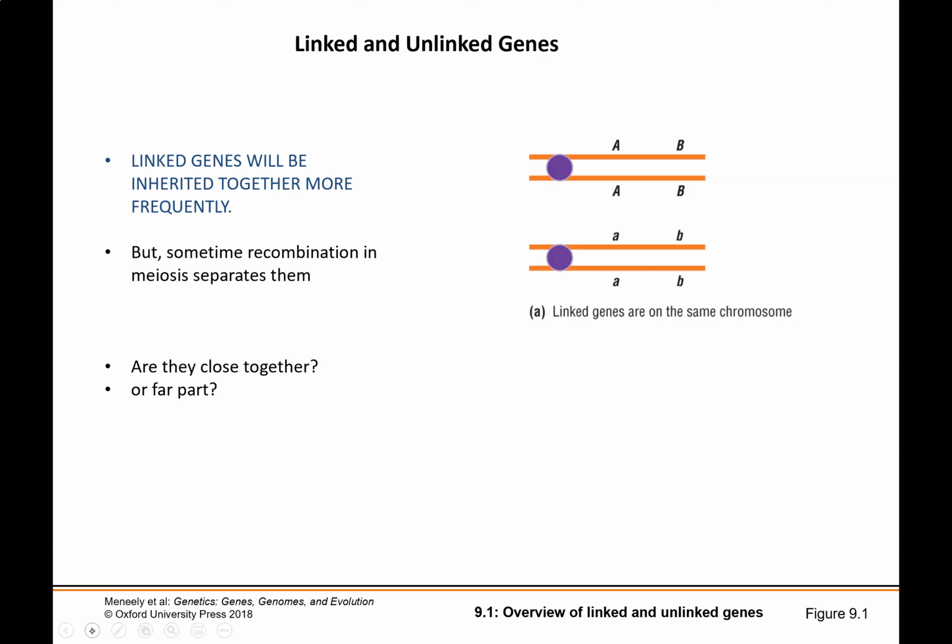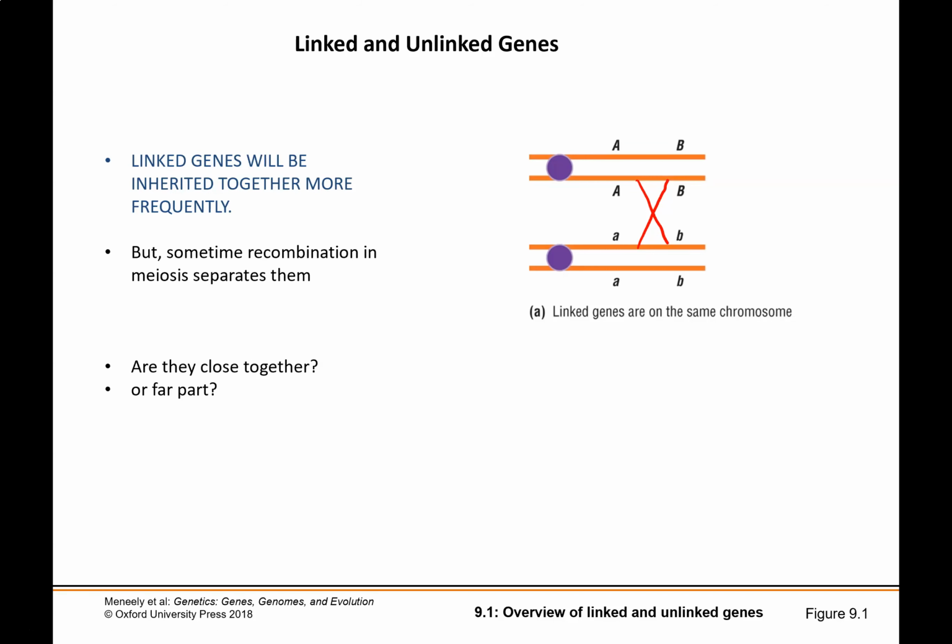So linked genes are going to be inherited together more frequently than the corresponding alleles would be on two separate chromosomes. But sometimes recombination, we talked about this in Chapter 6, during meiosis actually separates them. So remember that recombination is when two chromosomes exchange genetic information.